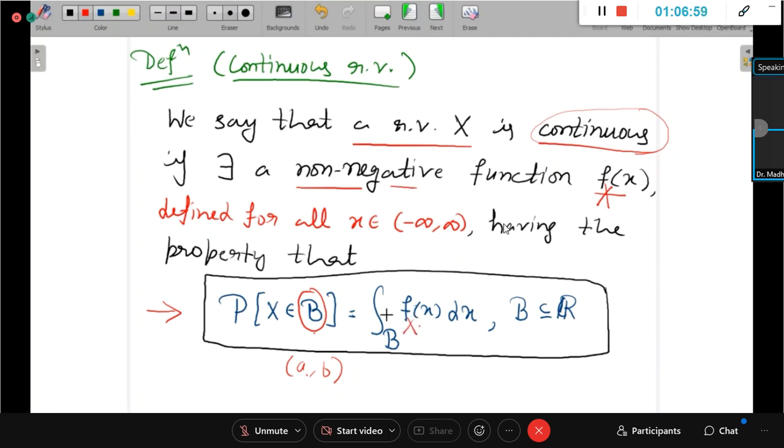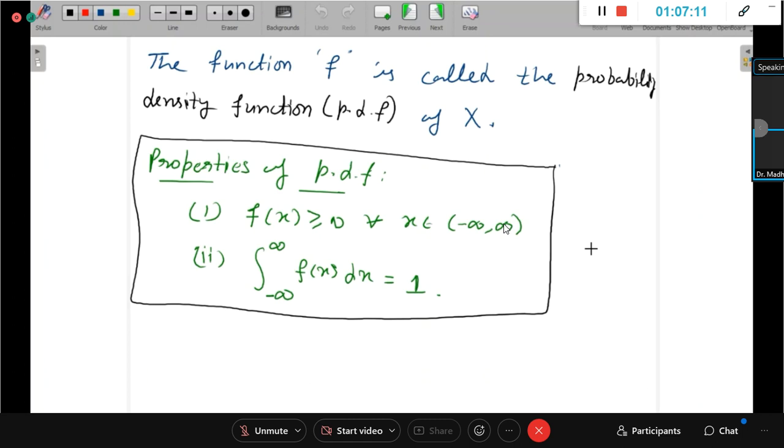We also denote it with the suffix x, to keep in mind that this f is the probability density function for the given random variable x. So this function f is called the probability density function of x.